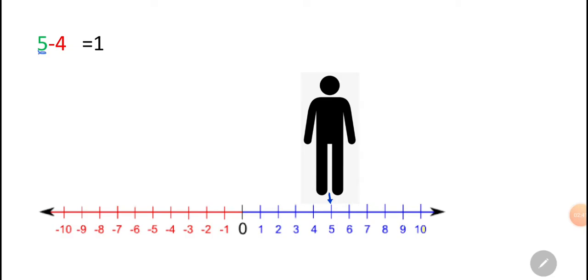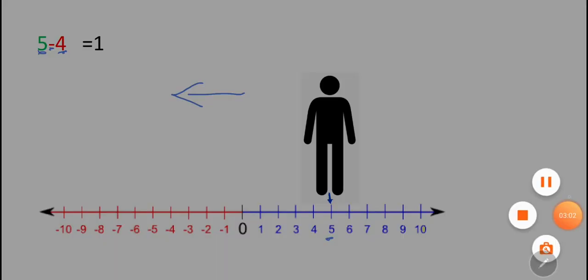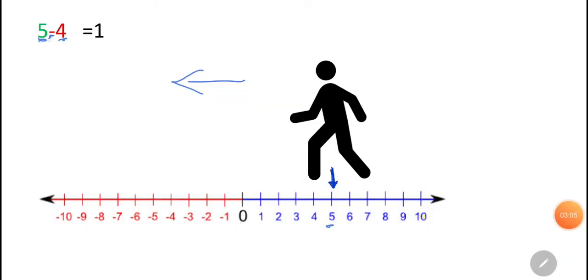Because I'm starting off at 5, the man is standing at 5, and because the operation is take away, he's going to face that way, and then because it says 4, he's going to go 4 steps in that direction. So he's going to turn around first. Because of the take away, he's now facing in the left direction.